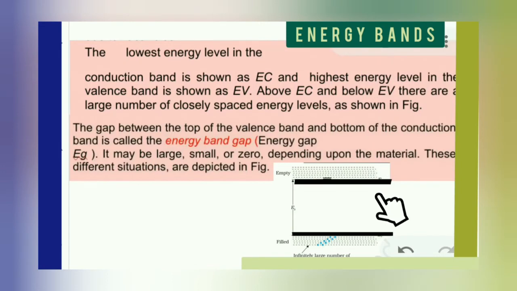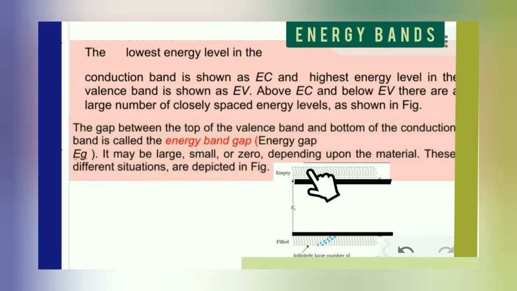So you can see here, this is the outermost shell, that is the valence band. Outside the outermost shell, when we give any type of energy to the atom, the electrons become free and are shifted to the conduction band.